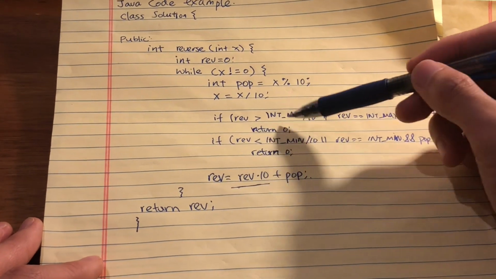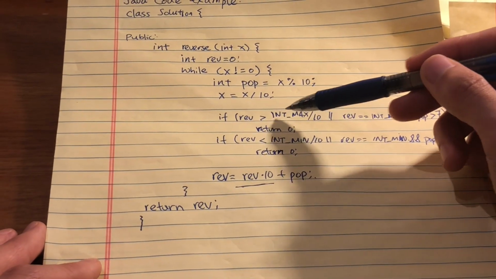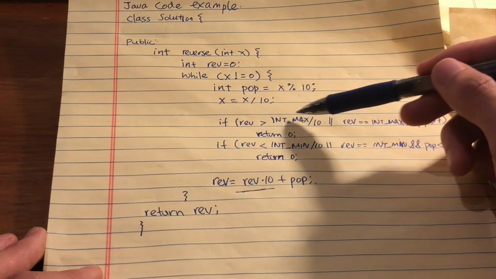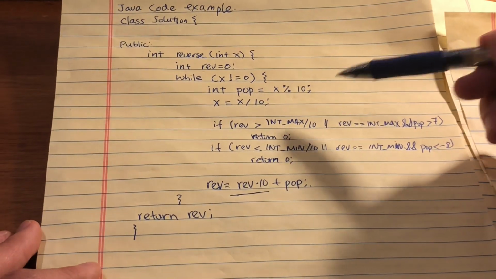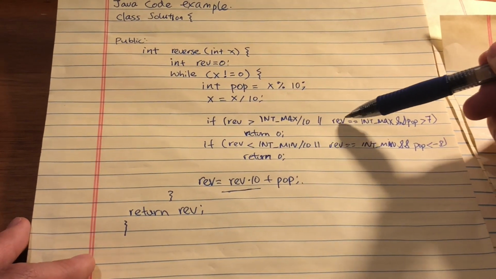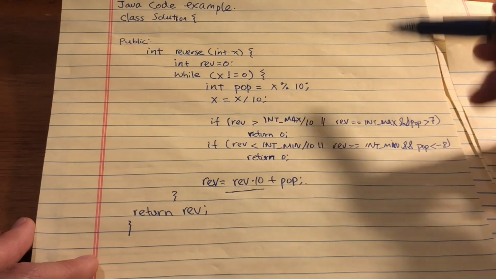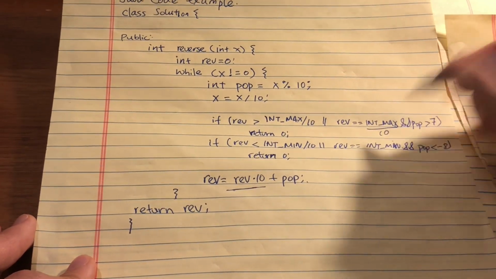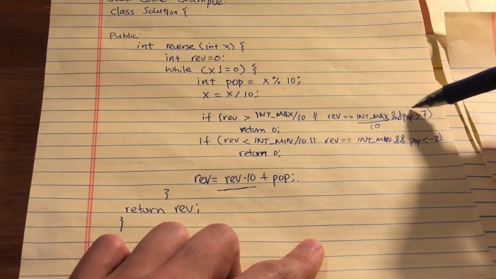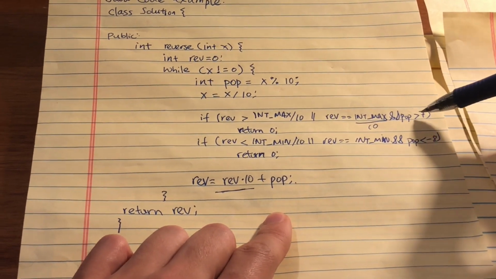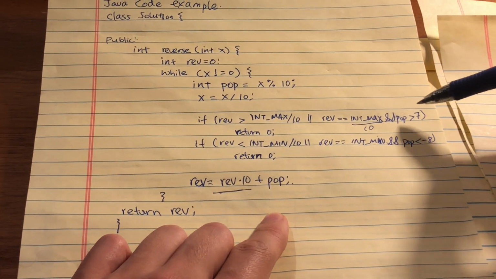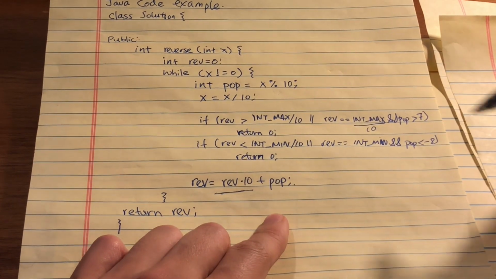This int max is a constant. It is equal to 2 to the power 31 minus 1, as explained on the previous slide. Or if the previous reverse number is equal to int max divided by 10, and the least significant digit is greater than 7, then you will also go over the max.